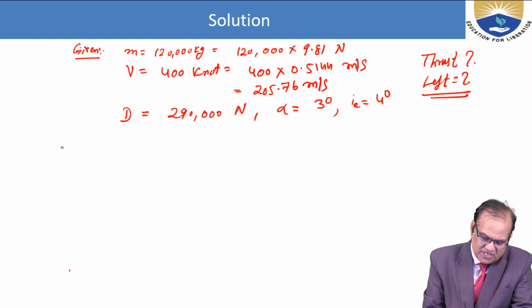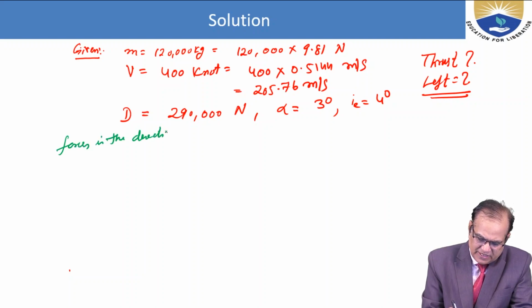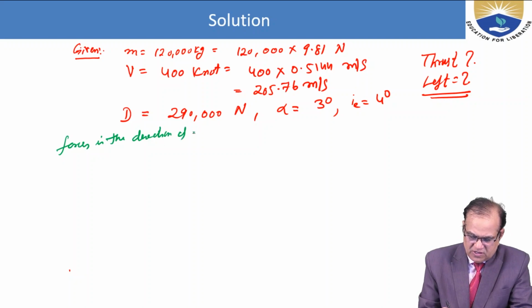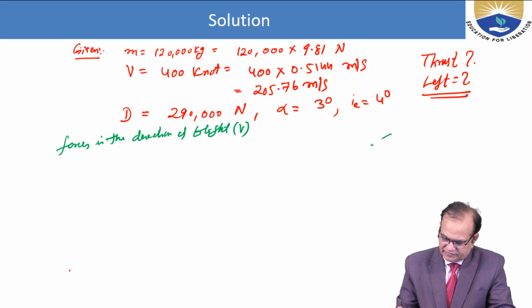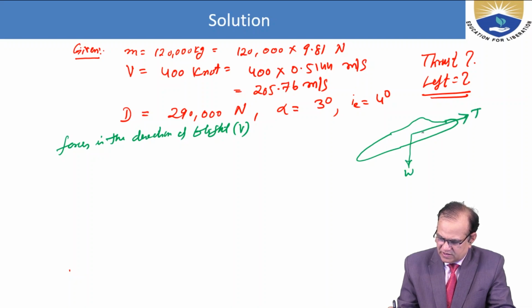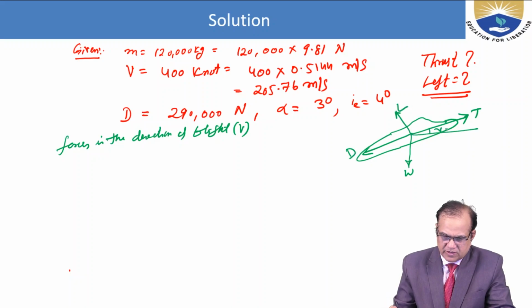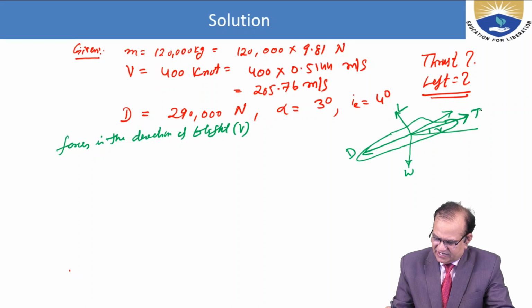If we take the forces in the direction of flight, V, if this is the aircraft, and the thrust is in this direction, it is the velocity V, this is the iT and here is the angle alpha.